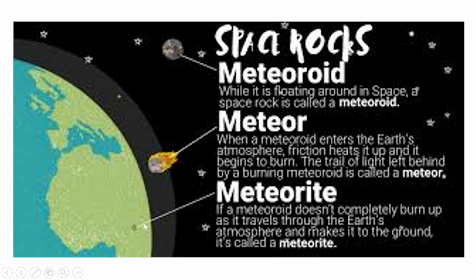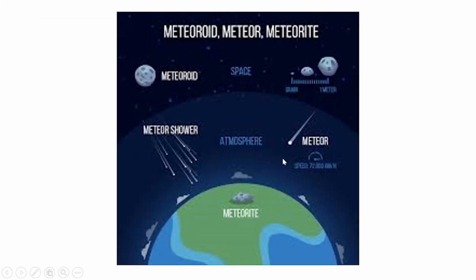Many large fragments of rocks complete the journey to the Earth's surface without getting destroyed. So these are known as meteorites. Check here. This is a meteoroid which is hurtling through space and orbiting around the sun. And some of these get into the Earth's atmosphere from space, and they are known as meteors. In space, we have a meteoroid. When it gets into the Earth's atmosphere, it is a meteor or a shooting star.